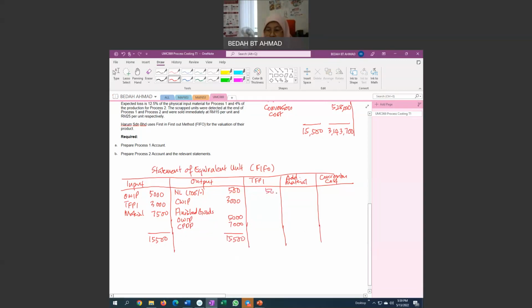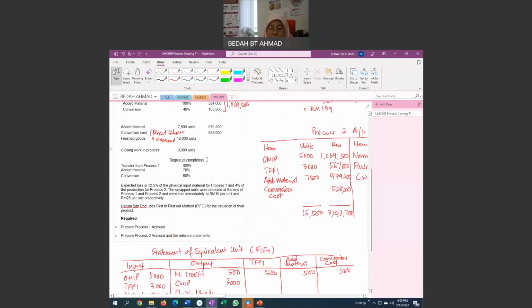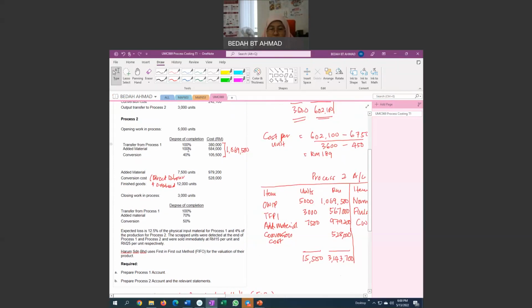So 500, 500, and 500 here. So for the closing work in progress, out of 3,000, we need to look at the degree of completion: 100%, additional material 100% as well, and conversion only 40%. That means we will complete the balance, which is another 60%.